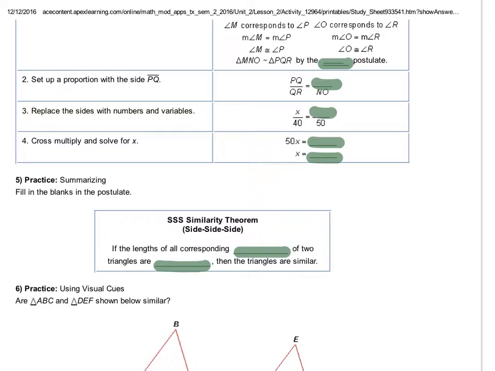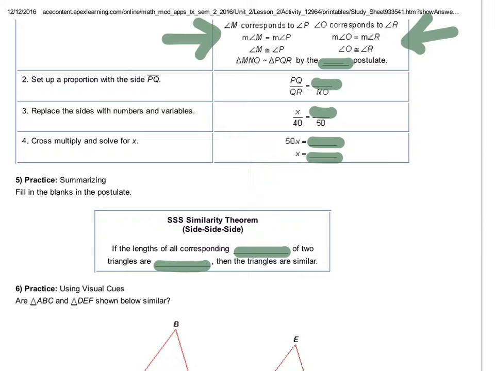Okay, so if angle M corresponds to angle P, then the measure of angle M is equal to the measure of angle P, which also means that angle M and angle P are congruent. And I'm just reading right here. And then if angle O corresponds to angle R, then the measure of angle O is equal to the measure of angle R, and angle O is congruent to angle R. That's a lot to say, but that's okay.